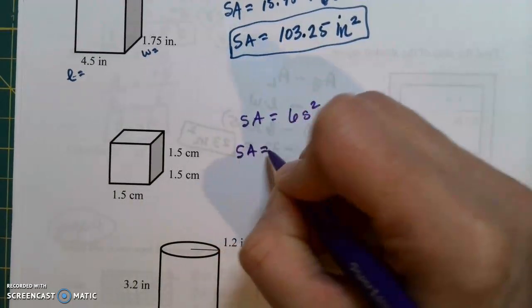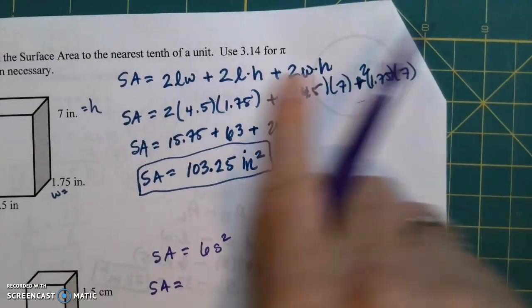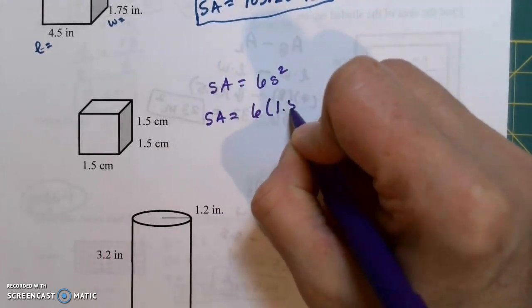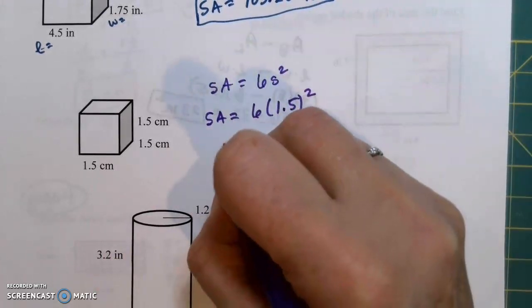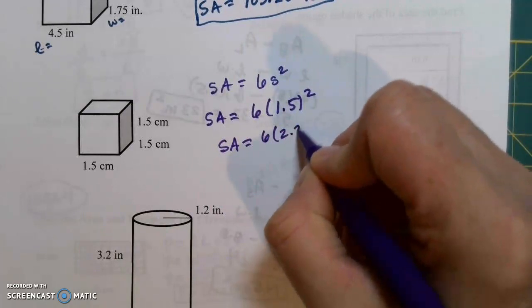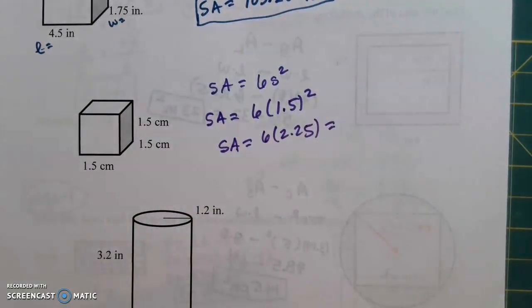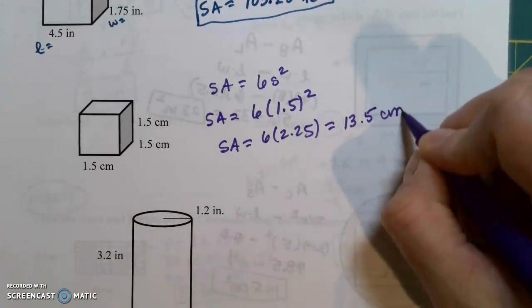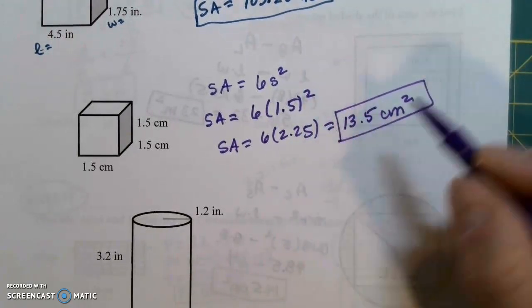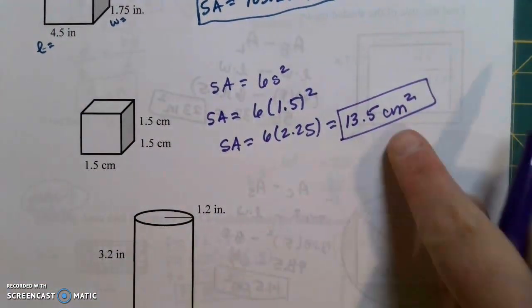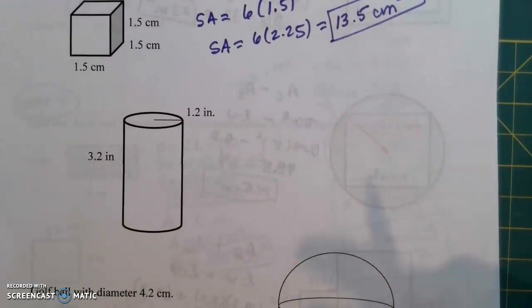So this would save you a little bit. It's not as long as having to do this one. So 6, and then this is 1.5 quantity squared. So 6 times 2.25, which is 13.5, and centimeters squared. Remember, it is an area measurement. Even though it's the outside area of a three-dimensional figure, it's still an area measurement.